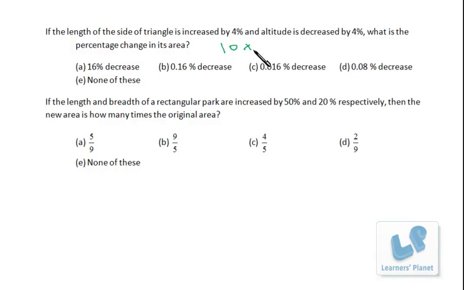So initially we assume that base into altitude, the area is 100. Okay. Now this length is increased by 4%, so the new length is 10.4, and altitude is decreased by 4%, so the new altitude is 9.6. Okay, now we have to calculate this, multiply these two.